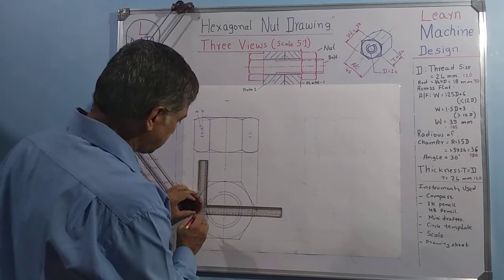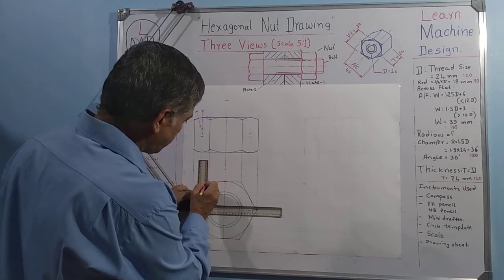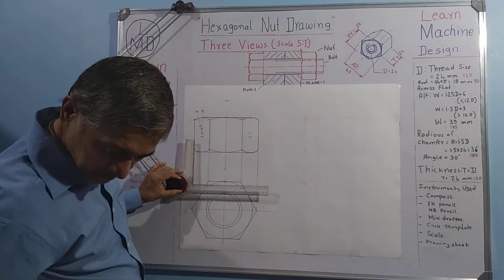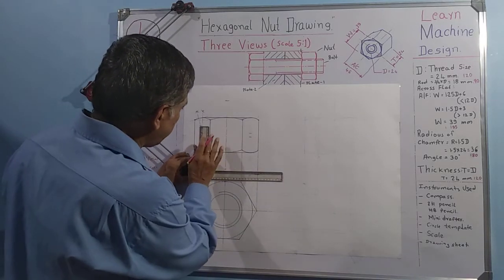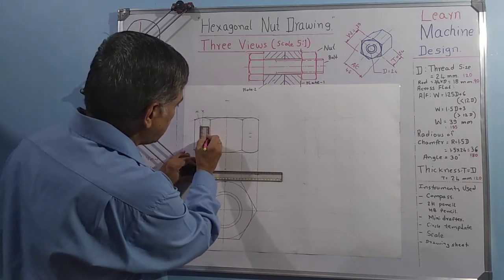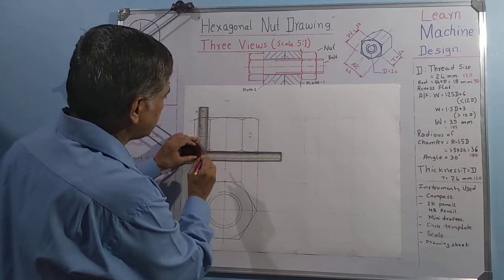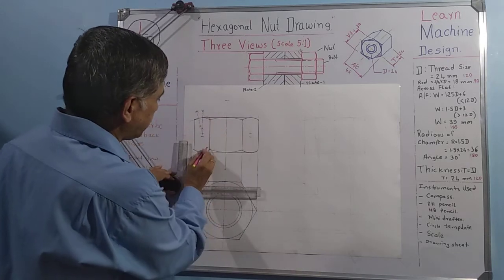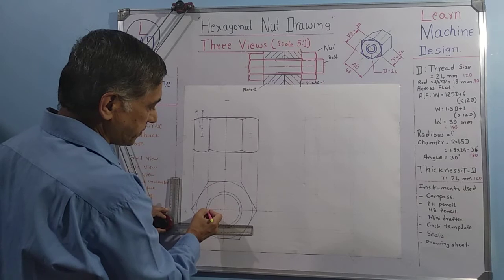See, again it is a drafting line. Like this, and this is an inside line, make it a dotted line. Normally, lines that do not appear should be drawn dotted only. This is a dotted line, and this represents the outer circle of the nut bore.